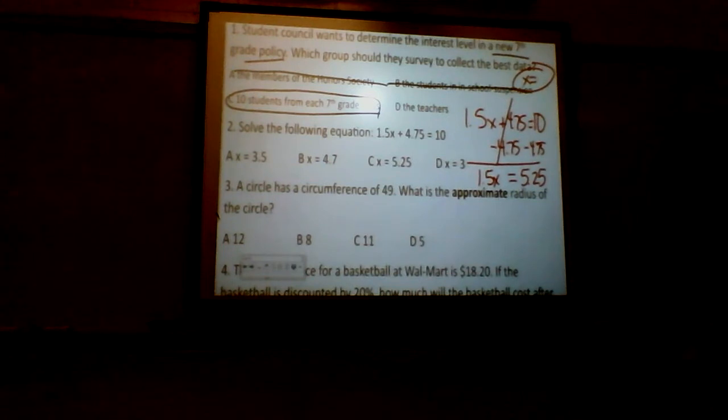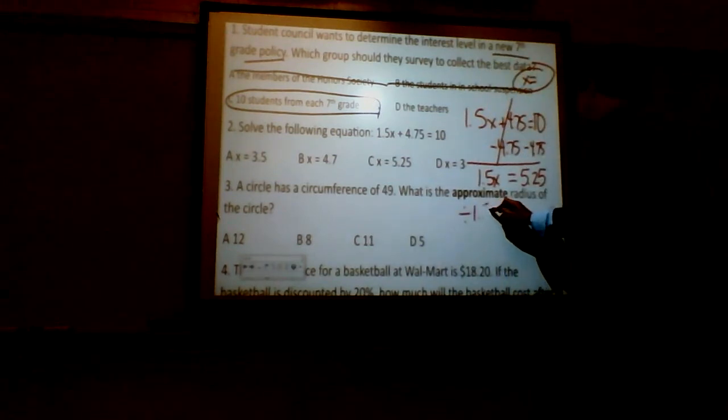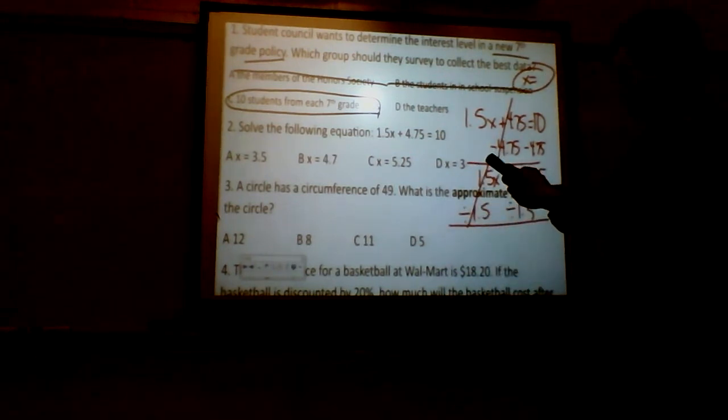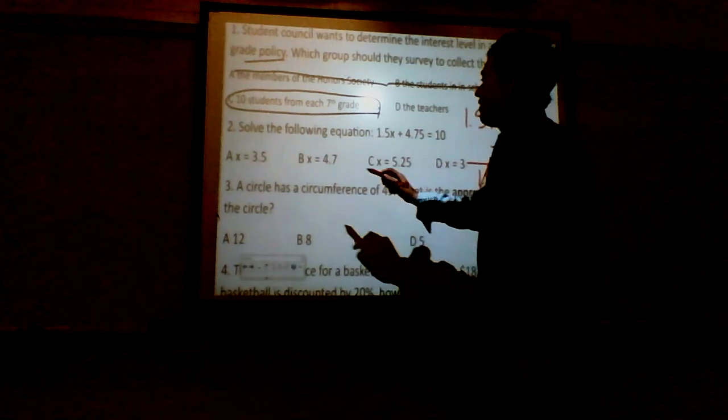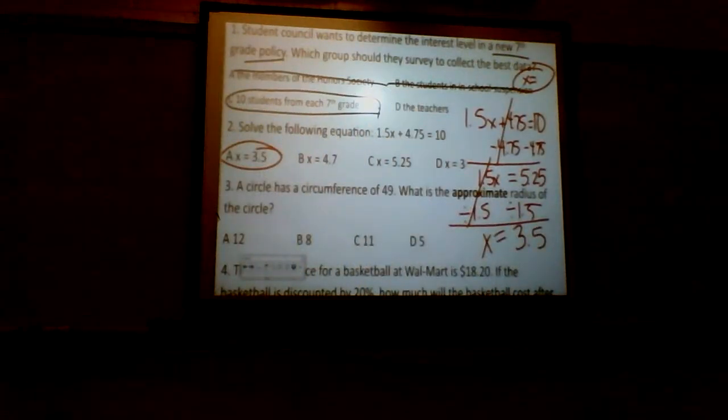To finish this two-step equation, we need to do a second step. So we are going to divide each side by 1.5. 5.25 divided by 1.5 gives us an x value of 3.5, or 3 5/10, which is A.